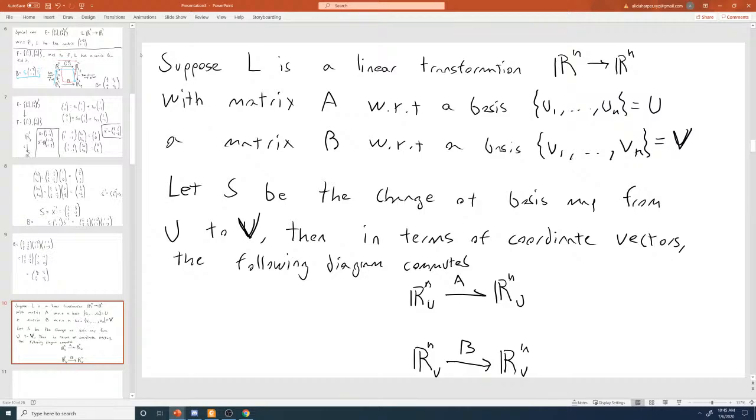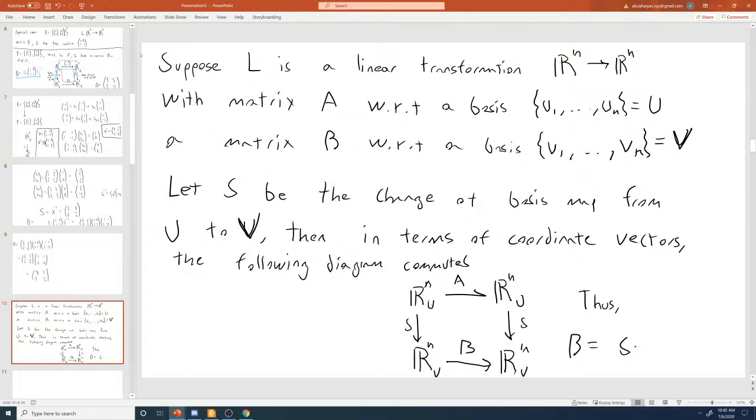We also have our change of basis map. And so we have a map S that goes from the coordinate vectors with respect to the U basis to coordinate vectors with respect to the V basis. And so we obtain this diagram. Thus, B may always be expressed as follows.